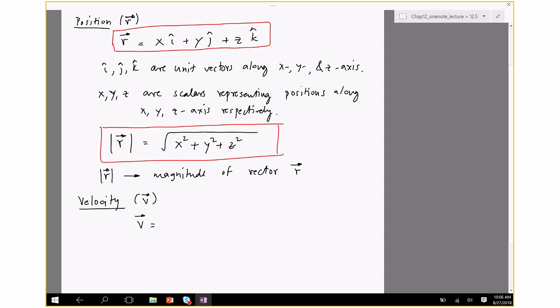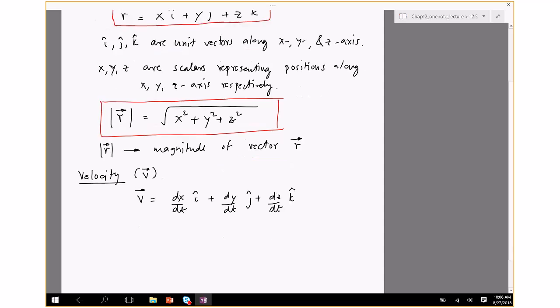So I can write this as dx dt i plus dy dt j plus dz dt k. Okay, it's often written in this course, the way I'll write dx dt is x dot, where the dot implies differentiation with respect to time, plus y dot j plus z dot k.